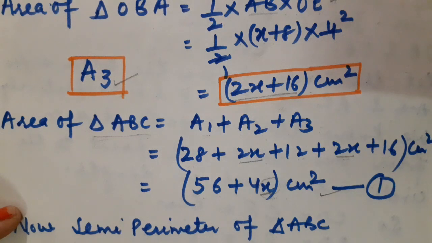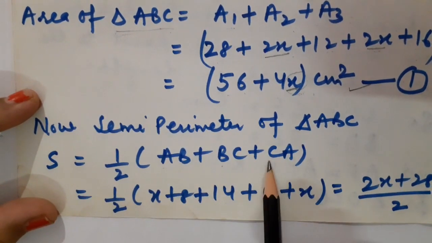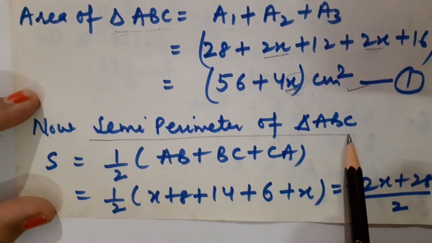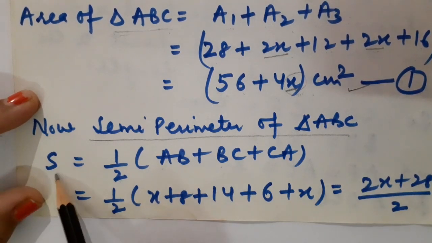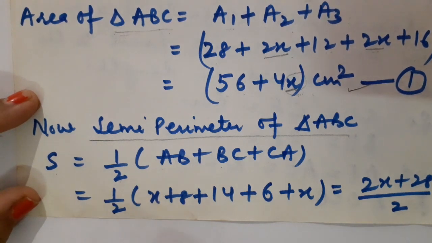Semi means half, and perimeter is nothing but the sum of the lengths of all the three sides of a triangle. So if I calculate the sum of the lengths of all the three sides of a triangle and divide it by 2, it means I will be capable to find out the semi-perimeter of the triangle ABC, which is basically required to calculate the area of triangle ABC using Heron's formula.